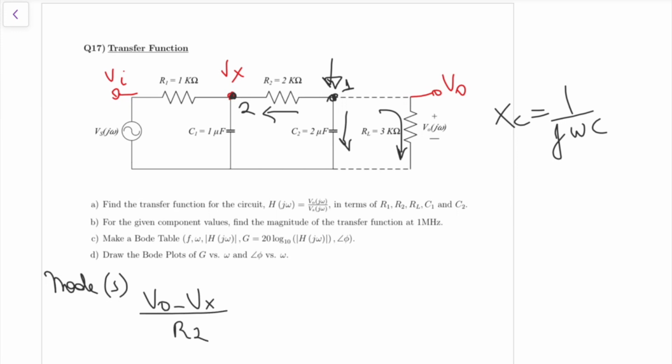So remember that we have to take this in terms of R's and C's, plus the current that's flowing through the capacitor C2. So that's V out minus 0, supposing we have a ground here. Let's select that node as a ground. So it's V out minus 0 divided by 1 over j omega C2, right?